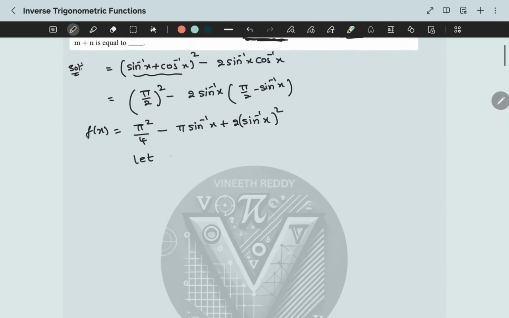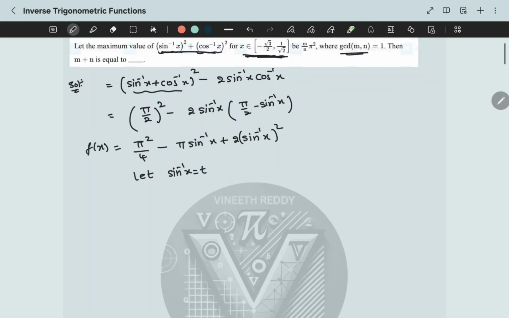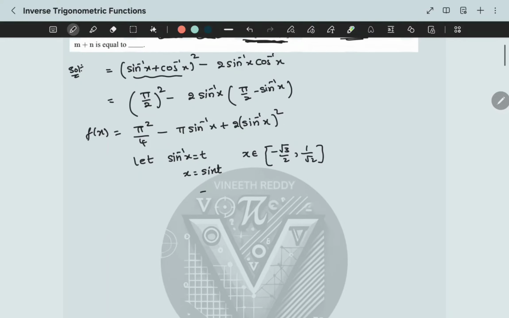Now let sine inverse x be equal to t. That means x is equal to sine t. Since x is belonging to this range, minus root 3 by 2 is less than or equal to x, which is less than or equal to 1 by root 2.